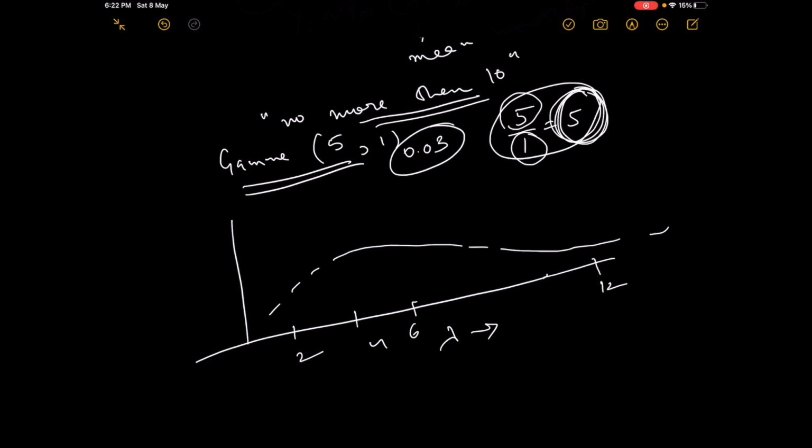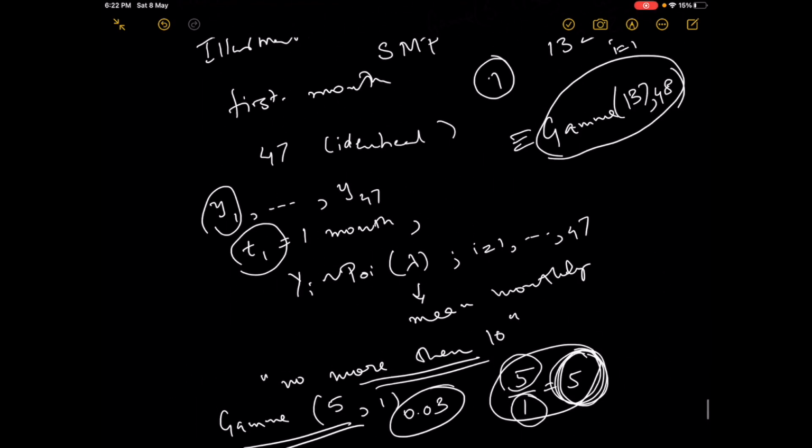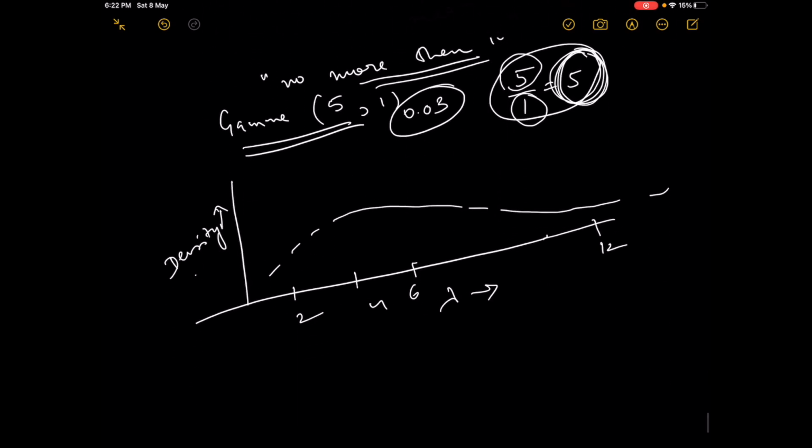So it's a diffuse kind of prior, not very peaked or heavy in any particular region. We are plotting gamma densities for 5-1, which is my prior, and 137-48, which is my posterior. The 137-48 will look a little sharp in the region 2 to 4.